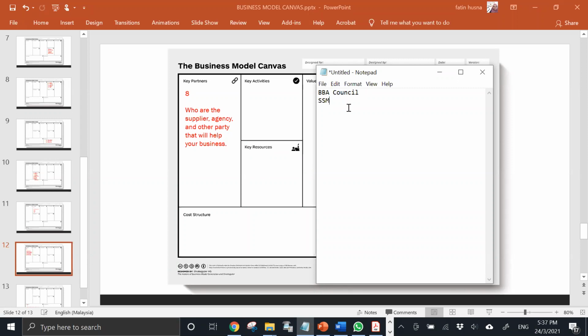And the other things, for example, your supplier. Don't put only supplier. This is wrong. So you put something like this. You put like Giant. For example, you're buying the ingredient for your cookies at Giant.